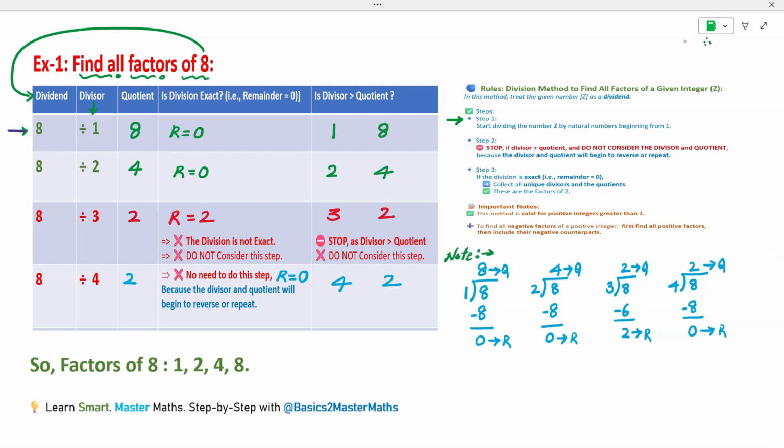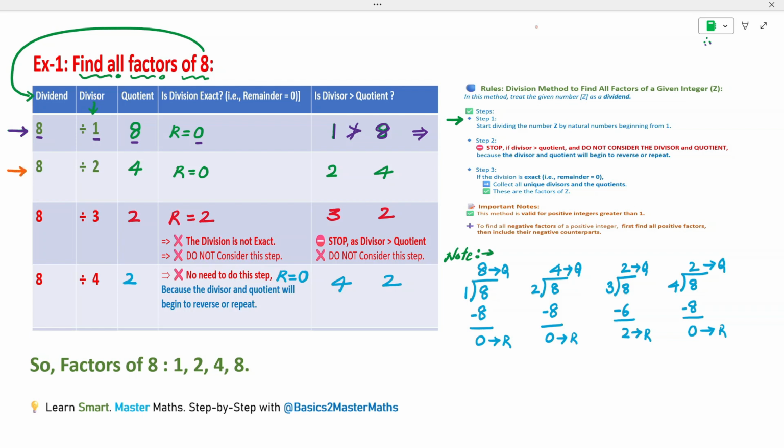Here, when we divide 8 by 1, we get 8 as the quotient and 0 as the remainder. In this case, the divisor is 1, which is not greater than the quotient 8. So, move on to next step.